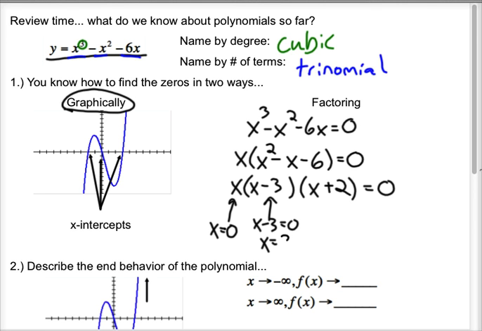This will give us 1 at 3. And that one will give us 1 at -2. So don't forget, even though now you know how to use the calculator, don't forget that factoring is important. You will have to know how to do that when it comes to searching for every zero or every root.